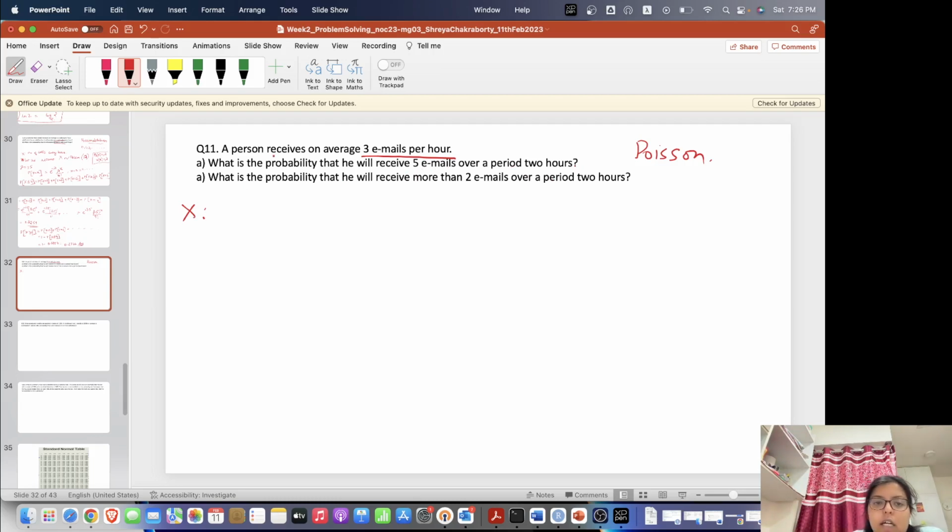So here a person receives on average 3 emails per hour. I have been asked to find out what is the probability he will receive 5 emails over a period of 2 hours. So the random variable here is the number of emails received in 2 hours.